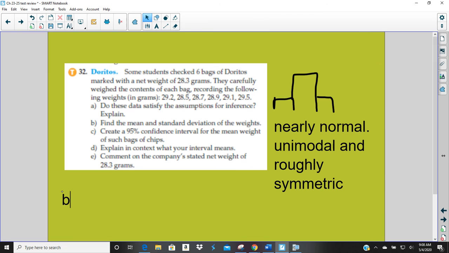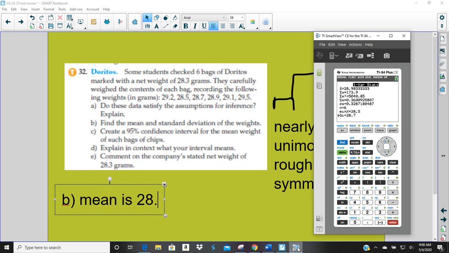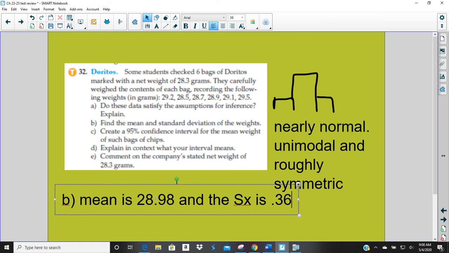For B, the mean is 28.98. And the standard deviation, Sx, is 0.36.